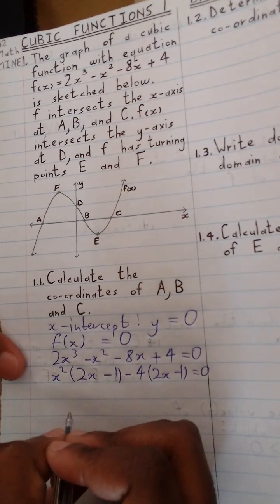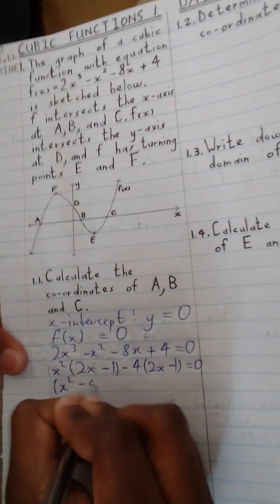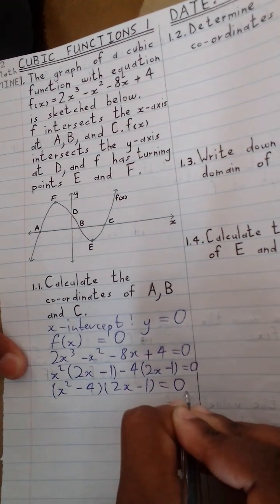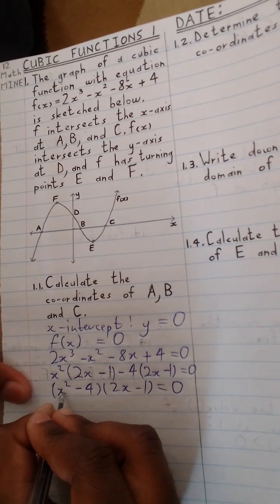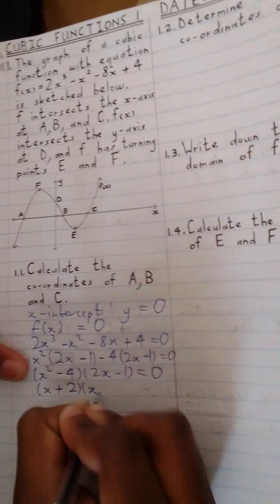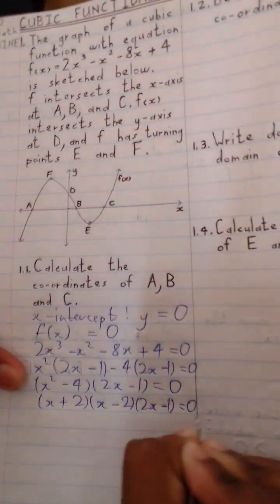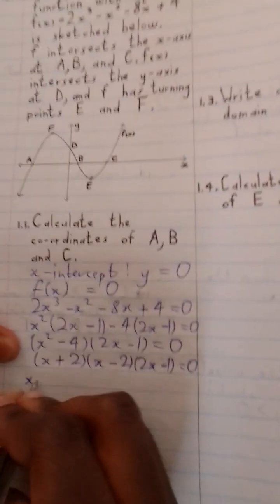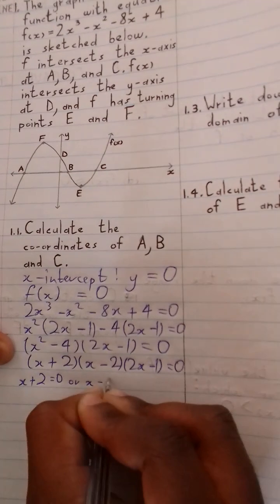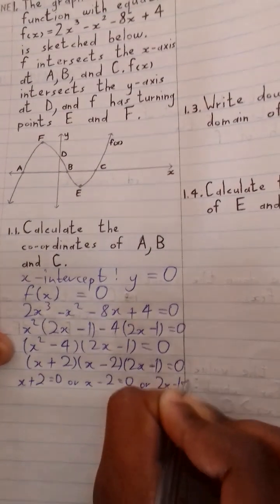We can see that one bracket repeats. So we say x squared minus 4, times 2x minus 1, is equal to 0. This is a difference of two squares: x plus 2, x minus 2, 2x minus 1 is equal to 0. So x plus 2 is equal to 0, or x minus 2 is equal to 0, or 2x minus 1 is 0.